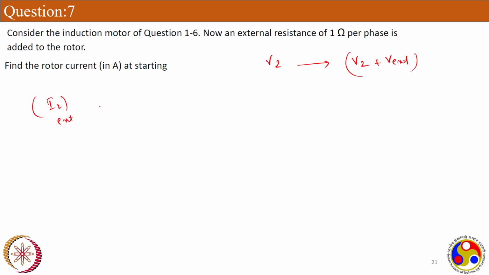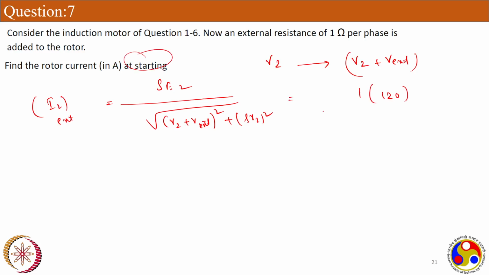After adding external resistance, the rotor current will be S E2 divided by the square root of (R2 plus R external) squared plus (S X2) squared. Now slip at starting, S is equal to 1.